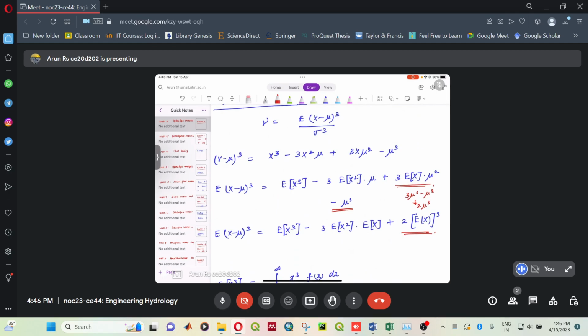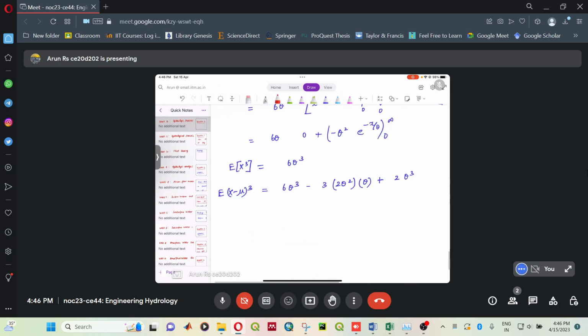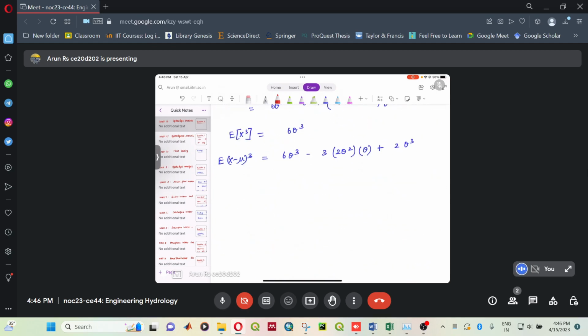So here it is 3E of x into mu square. So that will be 3 mu cube minus we have another mu cube. So we can subtract it and then we can write it as 2 mu cube, which is nothing but 2 times E of x the whole cube. So that is why we are having 2 theta cube in the last term.